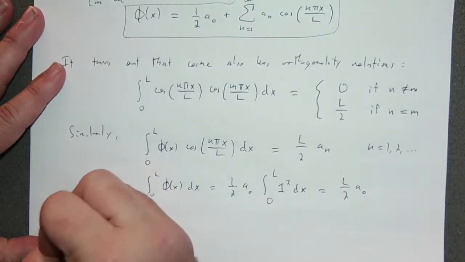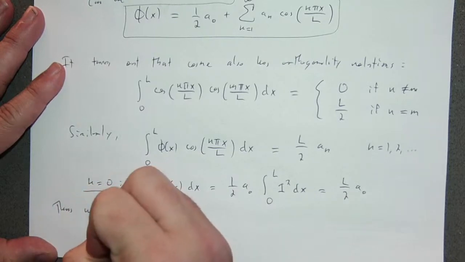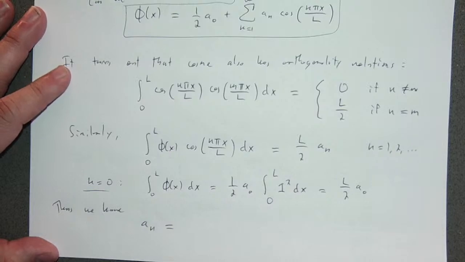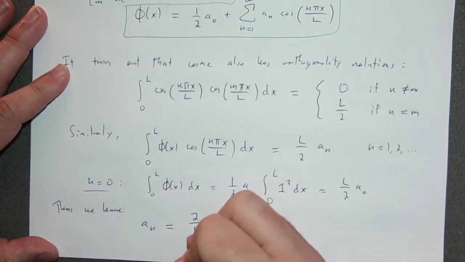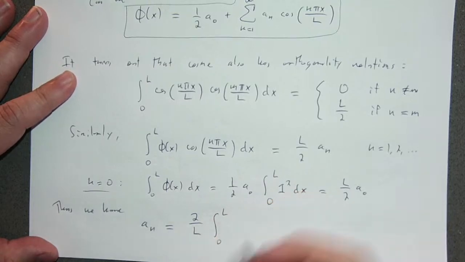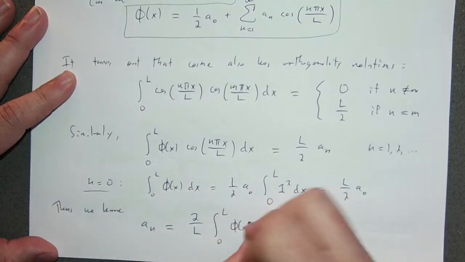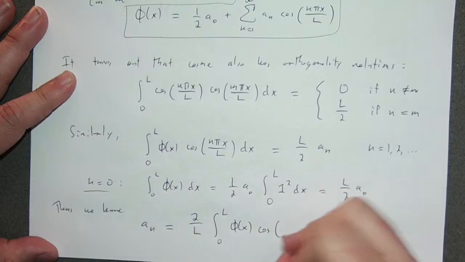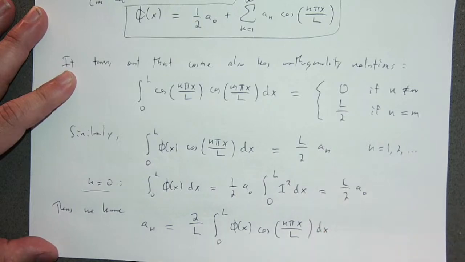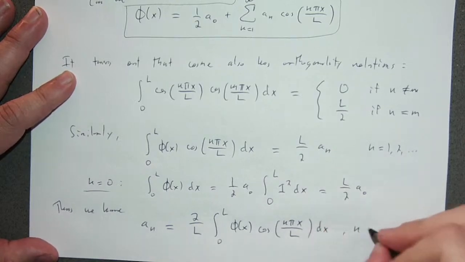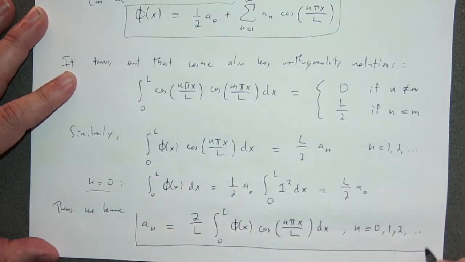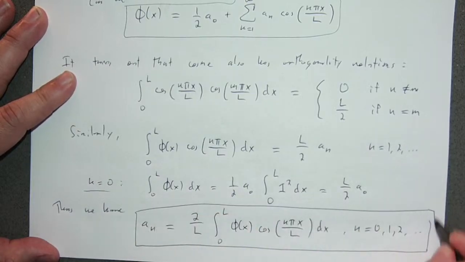So thus we have that the coefficients a sub n that allow us to do this is 2 over L times the integral from 0 to L of phi of x cosine of n pi x over L dx, and that is for n equals 0, 1, 2, and so on, right? So I don't have to single out the n equals 0 case differently.